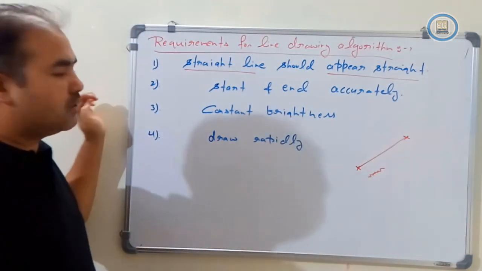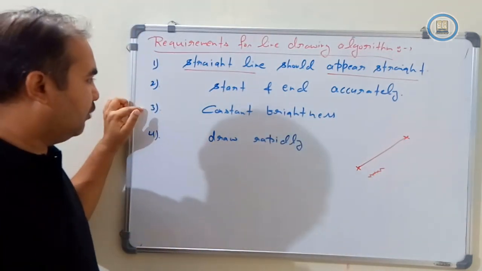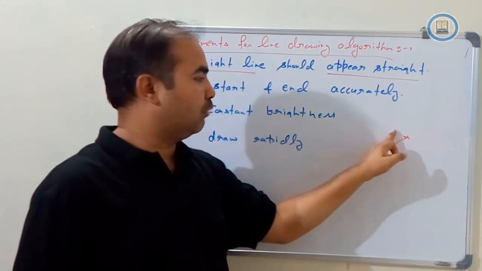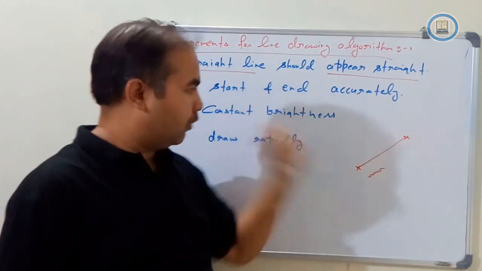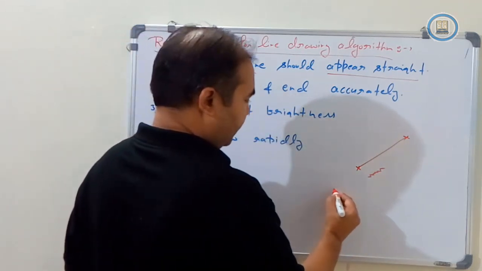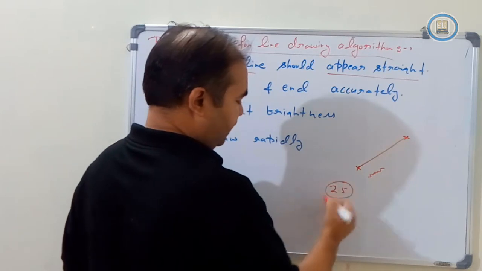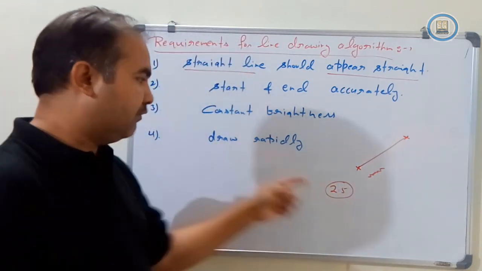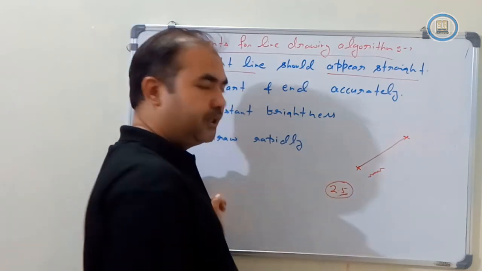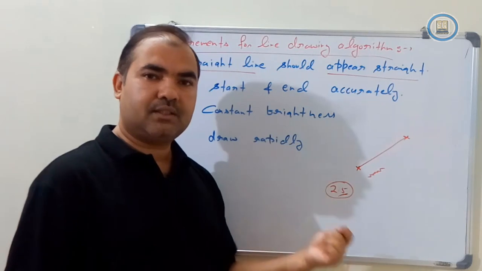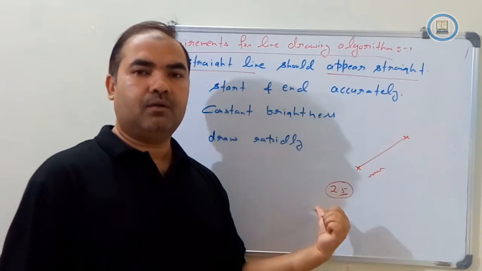The next thing is constant brightness. This is a very important point. The line should have constant brightness along the path of the line segment. What is the reason for this? Suppose that while computing the values, we get the value 2.5. What is the meaning of 2.5 in the practical, pixel way? We cannot glow a pixel partially. Either the pixel glows on the screen, or it will not glow.